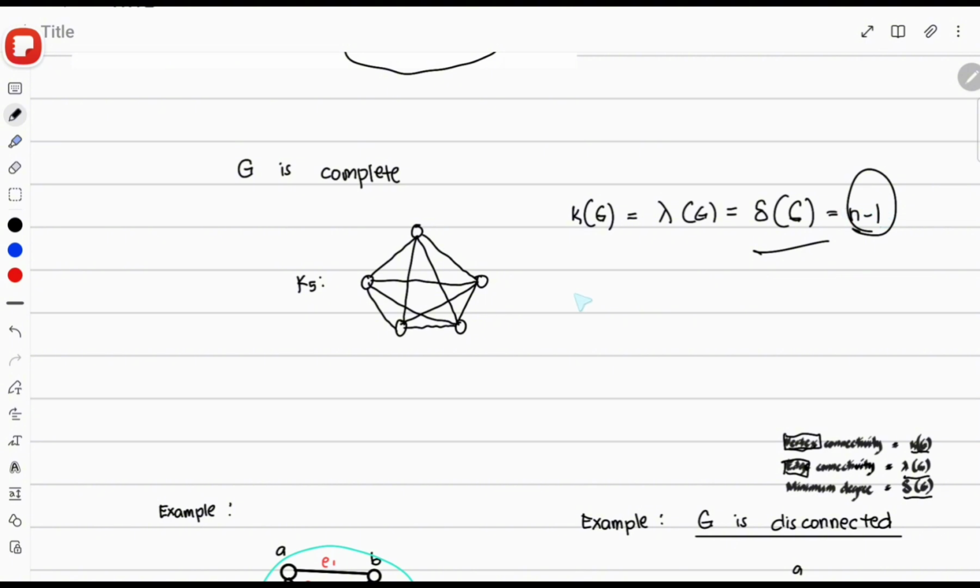Thus, we have also n minus 1. And this satisfies that this one is less than or equal, or just equal.